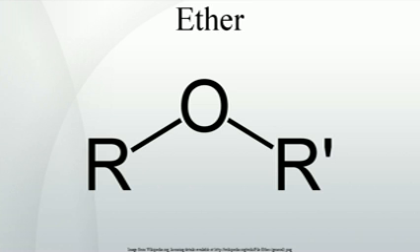Ullmann condensation. The Ullmann condensation is similar to the Williamson method except that the substrate is an aryl halide. Such reactions generally require a catalyst, such as copper. Electrophilic addition of alcohols to alkenes. Alcohols add to electrophilically activated alkenes.